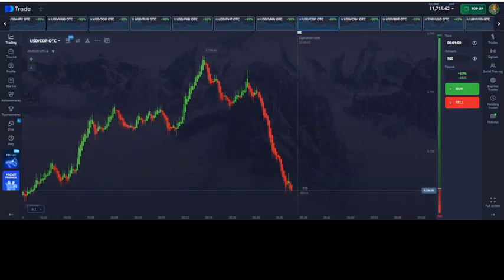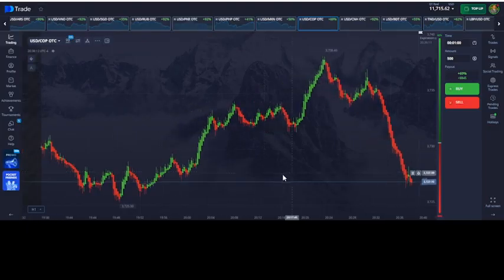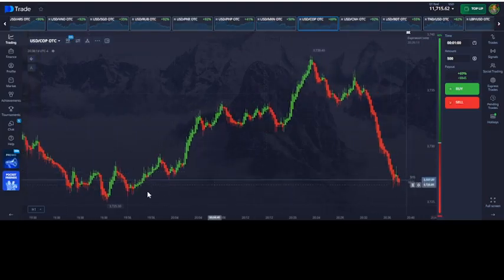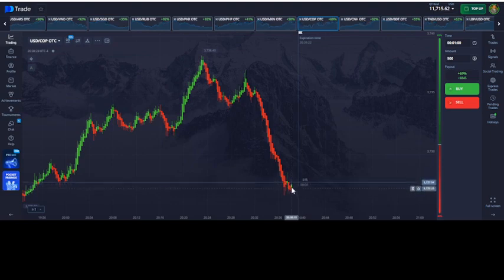Okay, so I'm on the USD COP, and we're coming upon a level of support over here at this range, so this whole area. So I'm waiting for a bullish Heikin Ashi candle, at least two bullish Heikin Ashi candles to print.